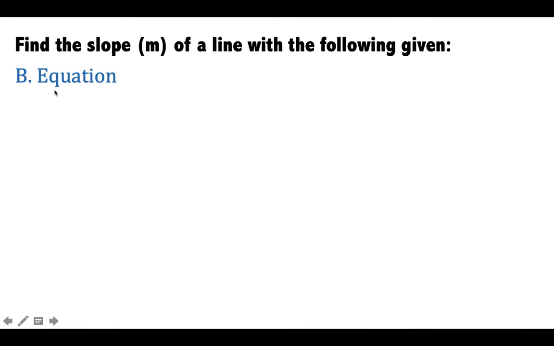What if the given is an equation? If it is an equation in slope-intercept form, the slope can be easily found. The slope is located beside the x. So number 1, look at the equation y is equal to 5x plus 6. Is it in the form y equals mx plus b?